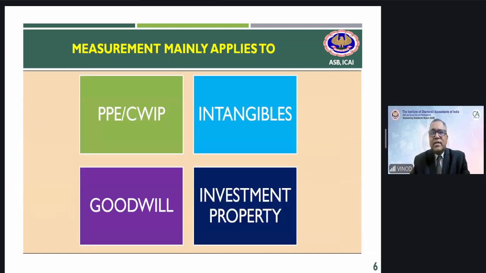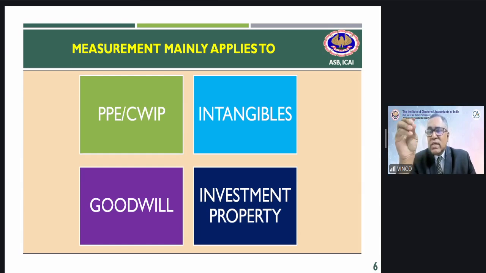Only these major items in the balance sheet are technically covered by the measurement standards of Ind AS 105. This is the first confusion we have to clear in our mind. Disposal groups include all kinds of assets and liabilities, but for measurement purposes, only these main items use Ind AS 105.